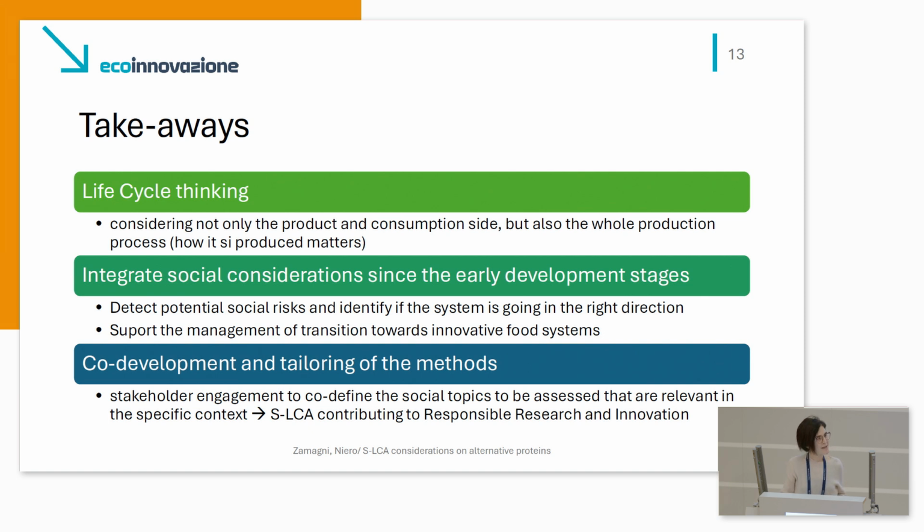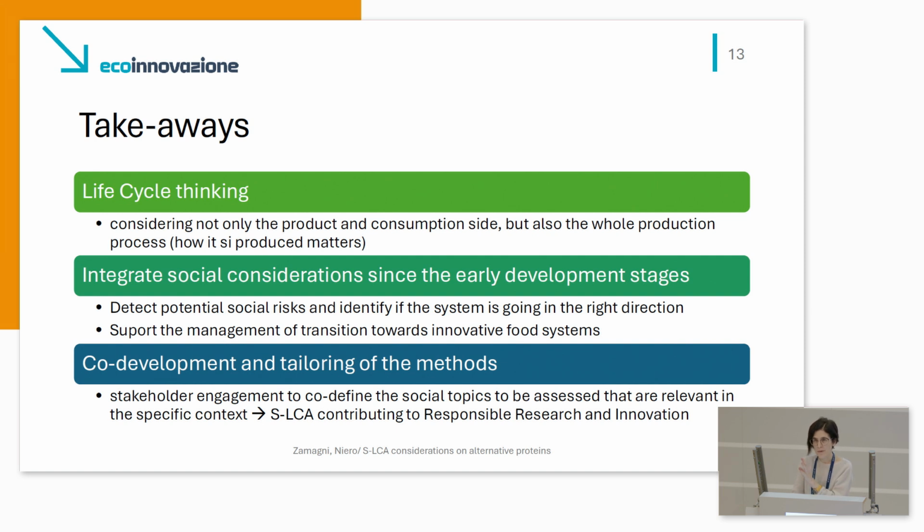These are my takeaways from this presentation of today, which I hope might be useful later for the debate. First of all, it's important that we take the life cycle perspective any time that we have a problem and we need to understand how to address it. The life cycle thinking perspective means that we look at the problem in its totality.